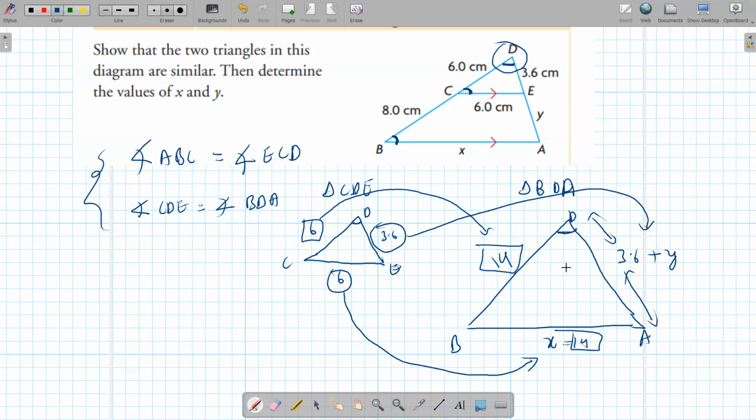But they're asking us to find y, so we're just going to set it up equal to 8.4. So how do we solve for y from this equation? You subtract 3.6. Exactly. And what does that give you? 4.8. And there you go. That's the final answer for this question.